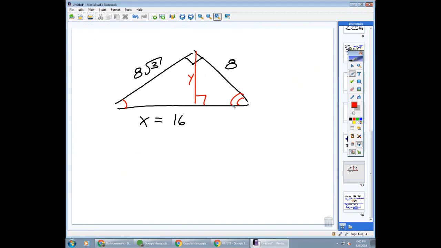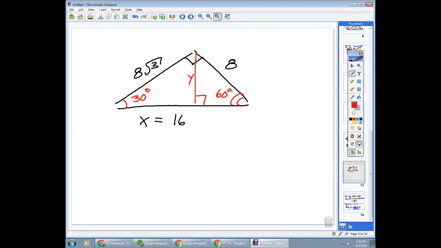Yeah, because 8 square root of 3 is bigger than 8. So the angle opposite the smallest side has to be the smallest angle, so that's got to be 30 degrees. And the angle opposite the medium length side has to be the medium length angle. Now, angles and sides aren't proportional in a right triangle. However, the idea that the smallest angle has to be opposite the smallest side does work.